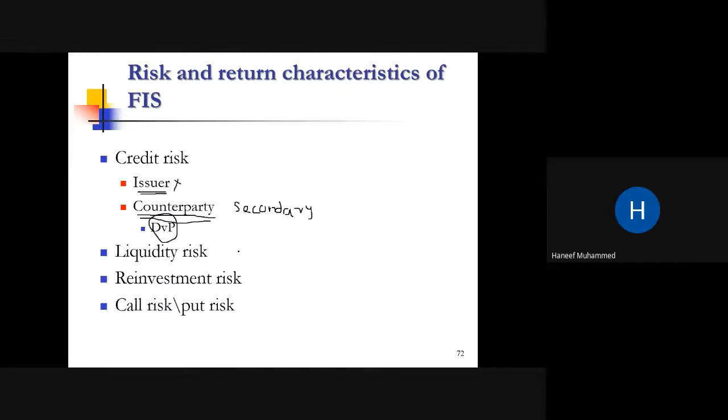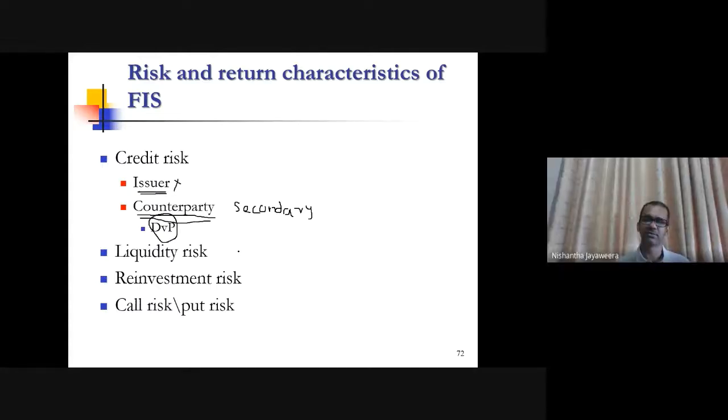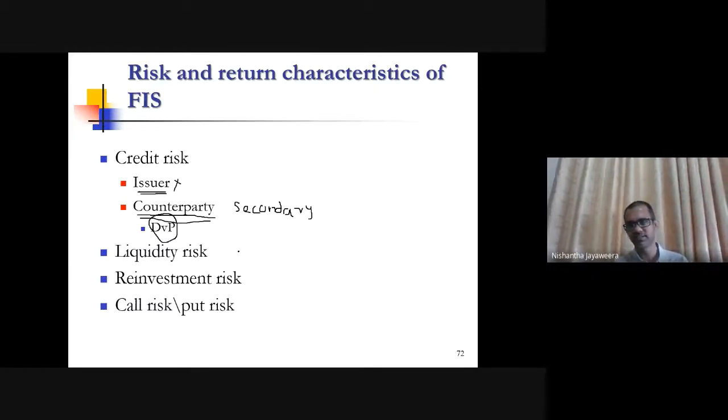In basic terms, delivery versus payment refers to the delivery of inventory from one end to another, and against that we receive a payment. To be more specific, these things will be settled through a clearing house, or in our case, in the Sri Lankan market, the central depository system and RTGS maintained within Lanka Settle.